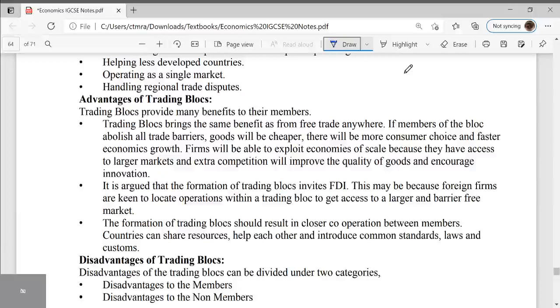So lots of cooperation will be there. There will be a helping attitude toward each other, instead of moving to wars. Previously you may have seen many countries getting into wars, but because of these trading issues, many people are deciding to avoid this kind of conflict and go for closer cooperation.